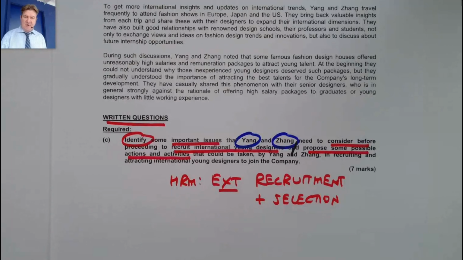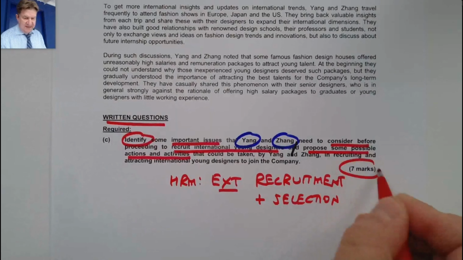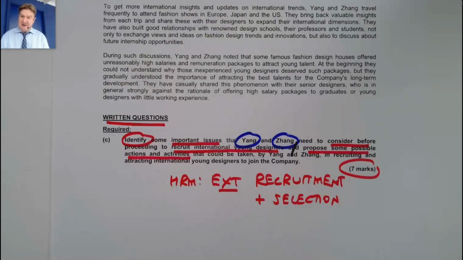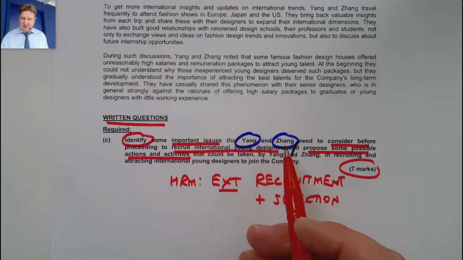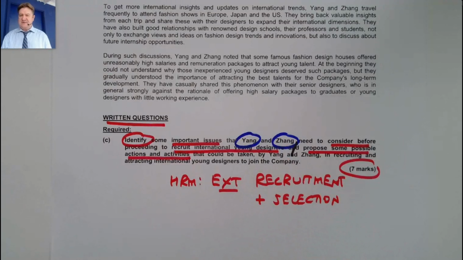So when we recruit, we also need to start thinking about selection. So this is for 7 marks. If we can write as a minimum 7 short paragraphs applied to the scenario, using the scenario, issues that Yang and Zhang need to be aware of, you will get the full 7 marks.